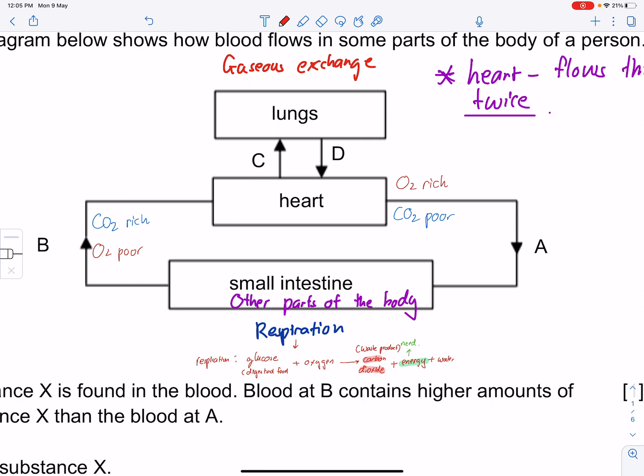You cannot just simply say, oh, oxygen goes into the lungs, full stop, or goes to the heart. No, it needs to go into your bloodstream first. And then it gets pumped from your lungs to your heart.